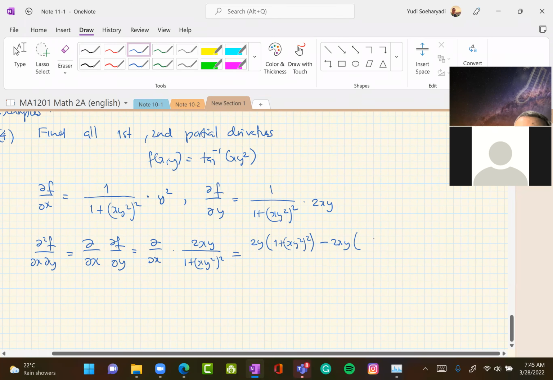The derivative of one is 0. And the derivative of this squared is 2 times x y squared times the derivative of it with respect to x, which is y squared, all over the square again.